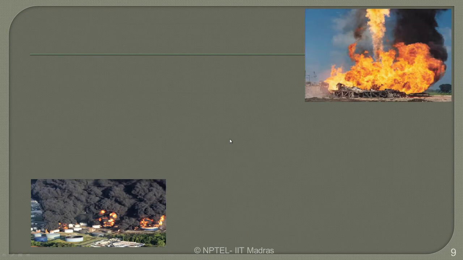These photographs show various incidents and accidents that happened in process industries which caused devastation. They can be seen as fire and explosion release models, as fugitive releases, and also as plume and puff release experimental models.